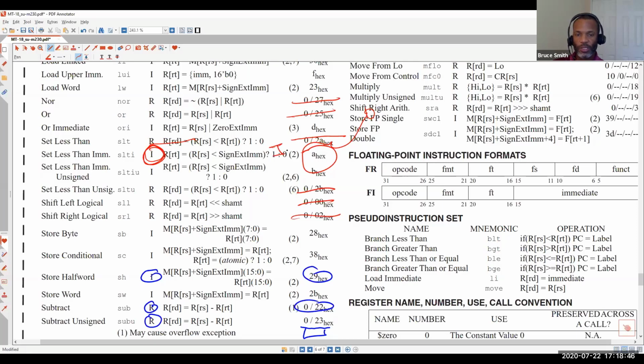Number one, you know that it's an opcode of 10. And you also know that it is not an R format instruction because we didn't get a 0. So it has to be an I. Possibly could be a J, but we won't see that just yet. If it's not a 0 that you came up with in those 6 bits, then that's what we have. So it's a set on less than immediate.